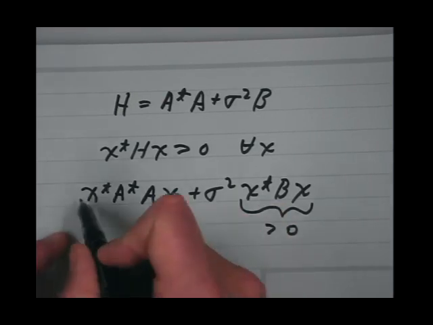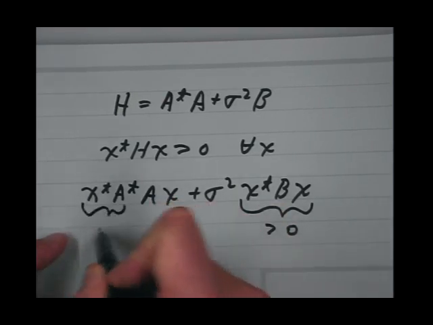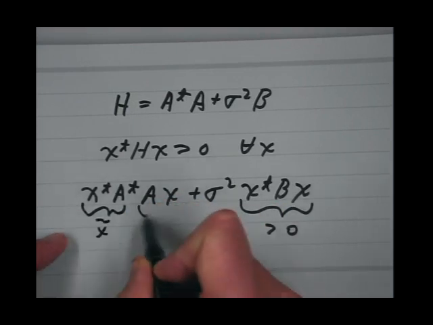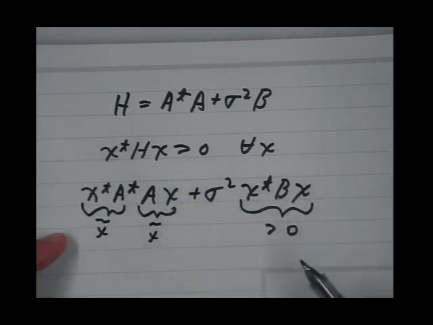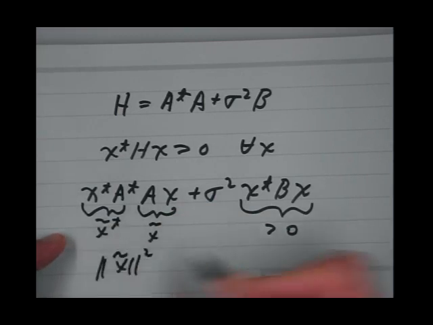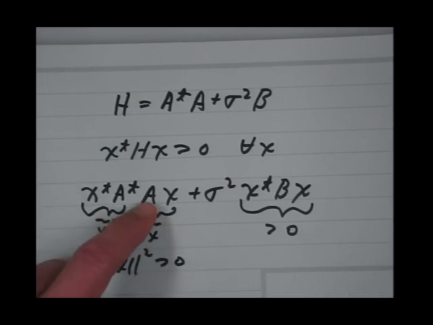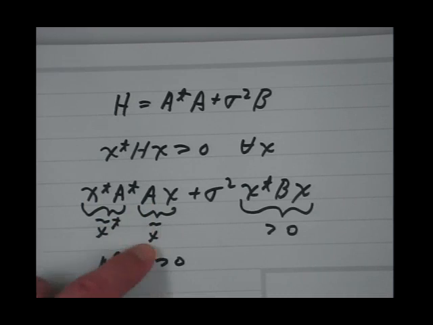Then this thing, whatever this thing is, I'll call it X tilde, and I'll call this X tilde transpose, right? So this is just the X tilde norm squared. Well, that's got to be greater than or equal to 0 too. I'm assuming A here is not singular, so the only way this could be equal to 0 is if X is 0.